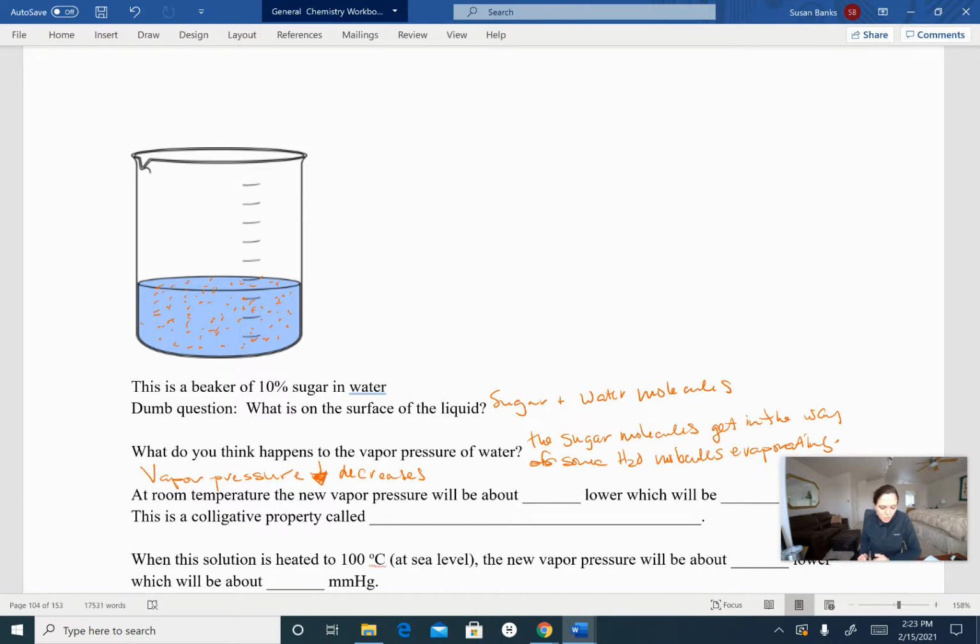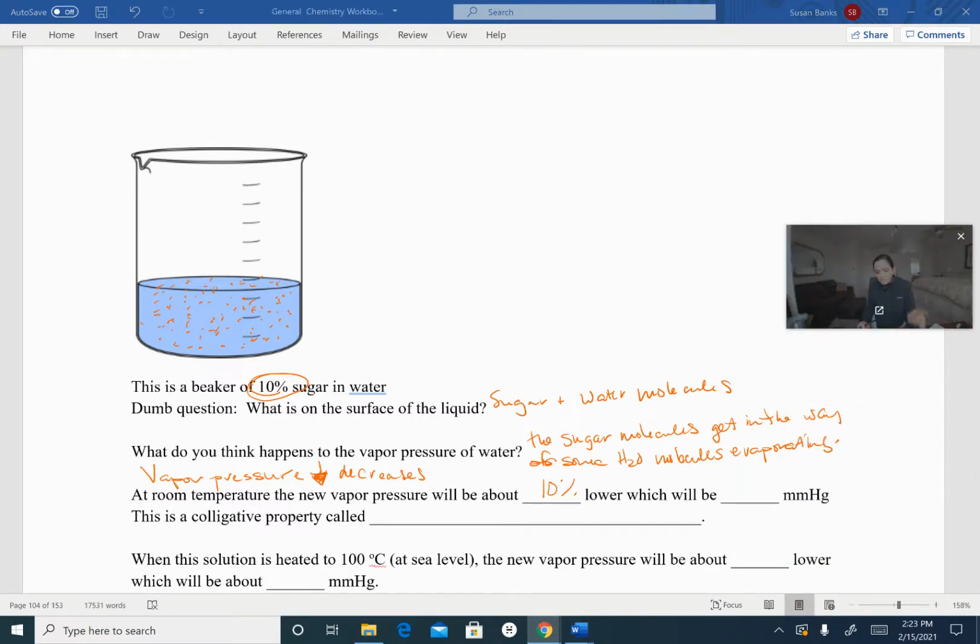Okay, so at room temperature now with the sugar in there, and since I have 10% sugar, that new vapor pressure will be about 10% lower than what we would normally have with pure water. Since our normal vapor pressure of water at room temperature was about 24 millimeters of mercury, if I take 10% off of 24, that gives me 2.4.